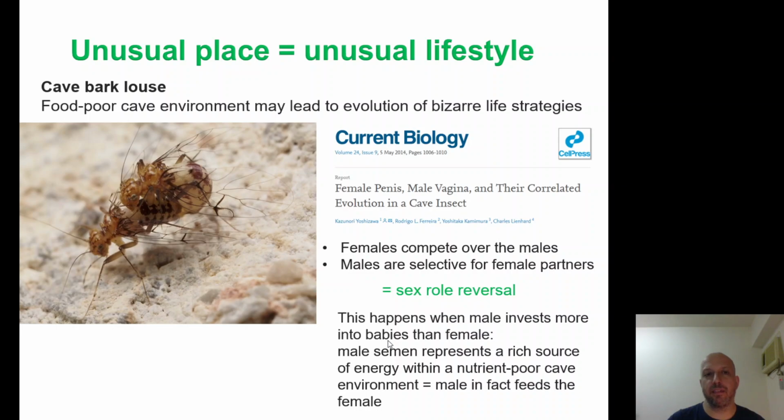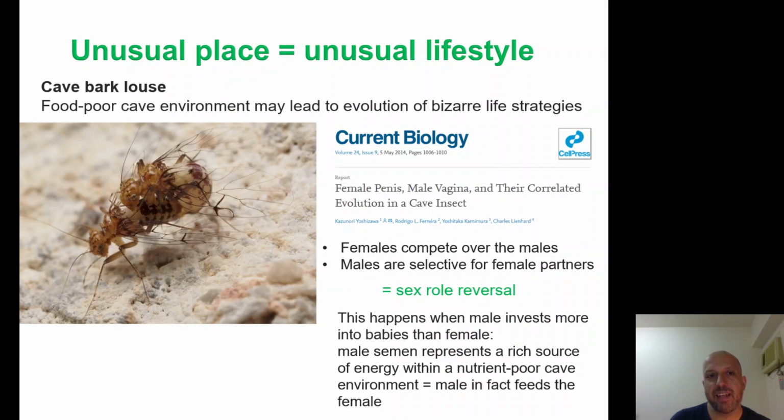I told you that the reason why normally females are choosy is that females are investing much more energy in the offspring, in the new generation, right? So they have to be choosy because they don't have that many trials to make new babies. Here, what happens is that actually the males in this cave species, Neotrogla, are those who invest more.